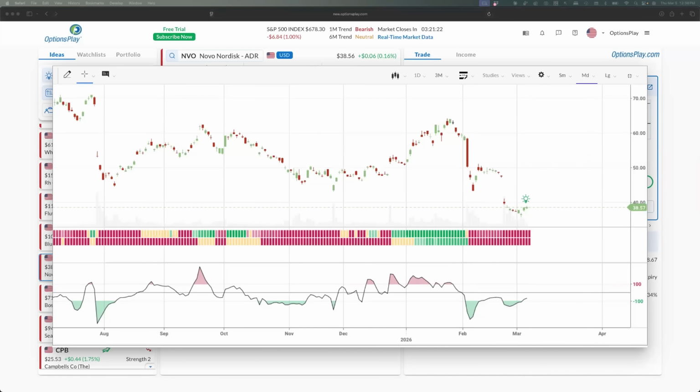And this is probably a classic market overreaction to what is obviously a very public price competition fight right now between multiple drug companies that all have similar weight loss drugs.